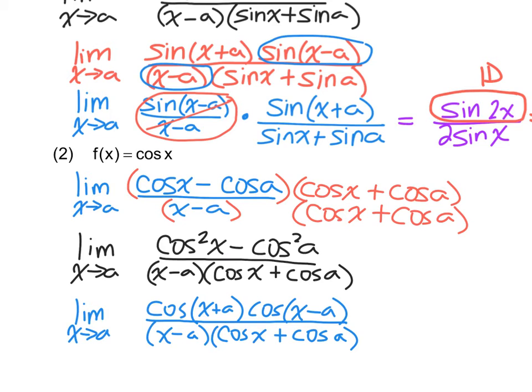Cosine x plus a, cosine x minus a. This is testing the logic, so it's going to give us a true or false. If it gives us a 0, it means that it's false. If it gives us a 1, it means that it's a true statement.